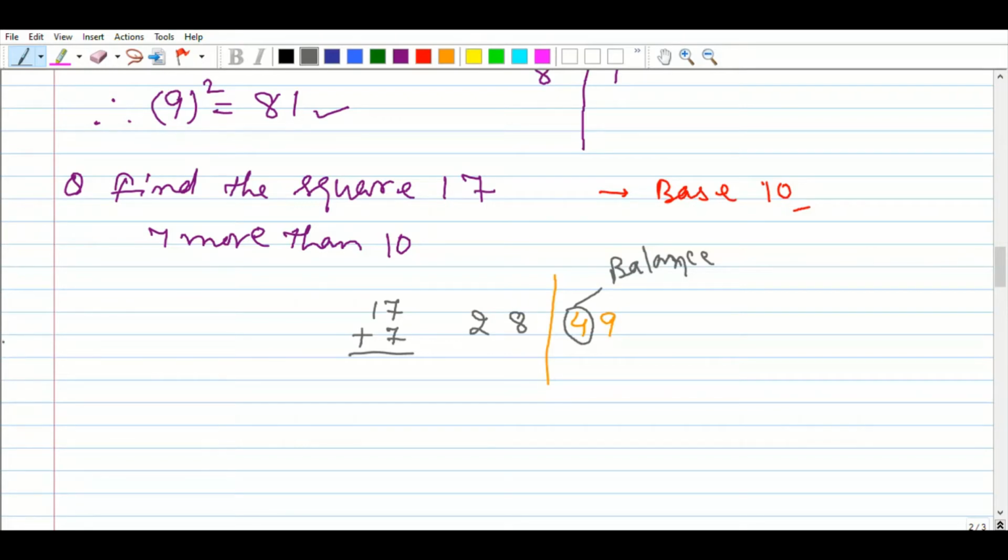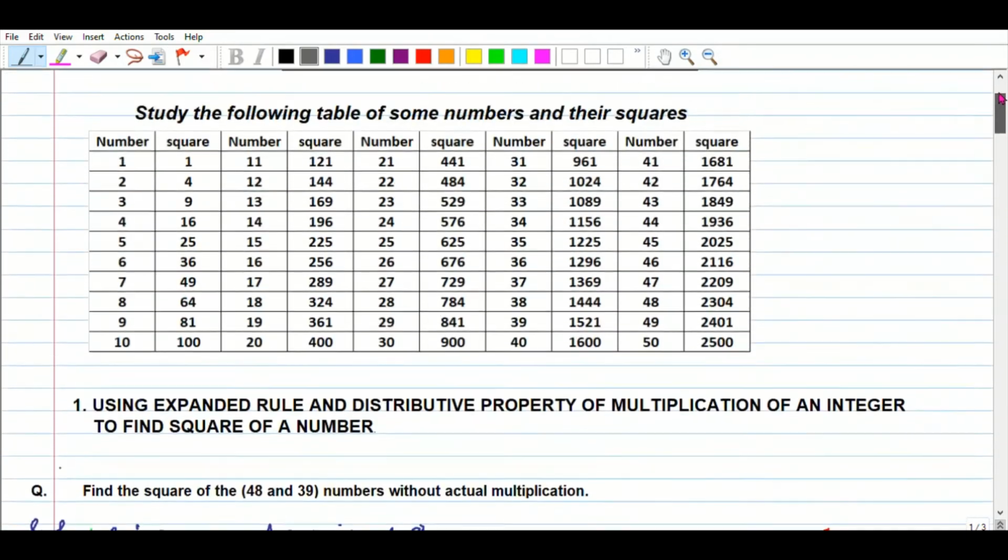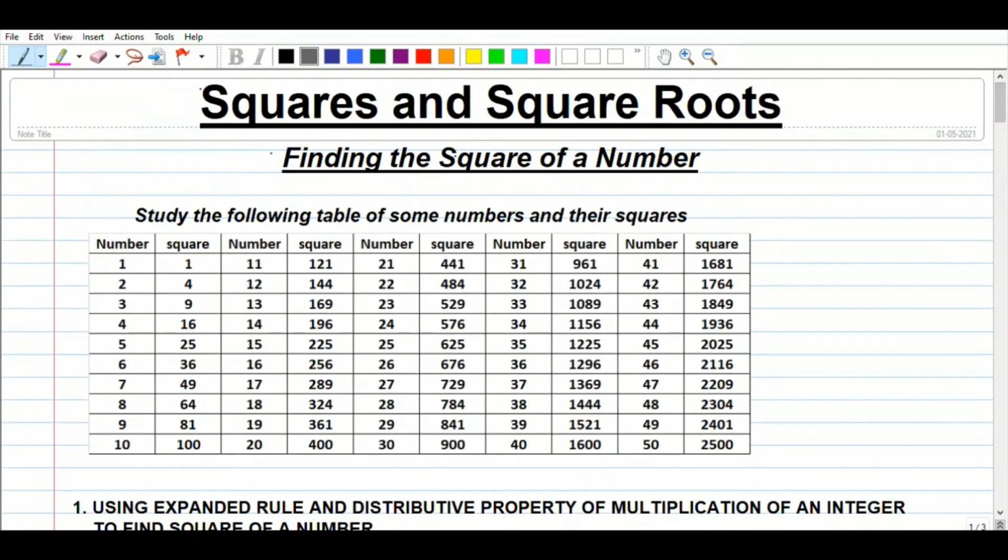Now, so what would be our square? What would be the square? Can you tell? 17 square equal to 289. No, very well. 289.